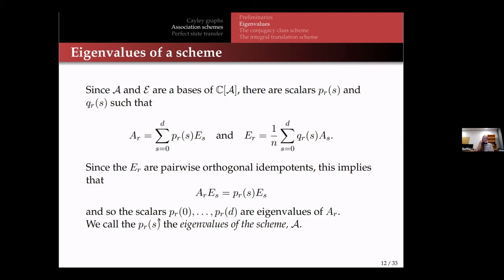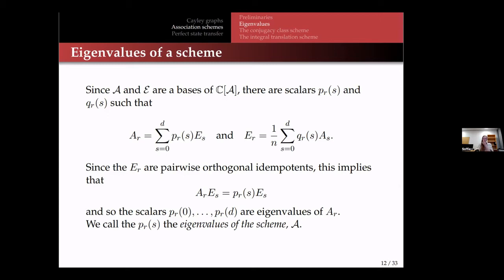We're going to call these scalars PR of S the eigenvalues of the scheme, where S goes from 0 to D, and R goes from 0 to D as well. So those are the eigenvalues of our association scheme.